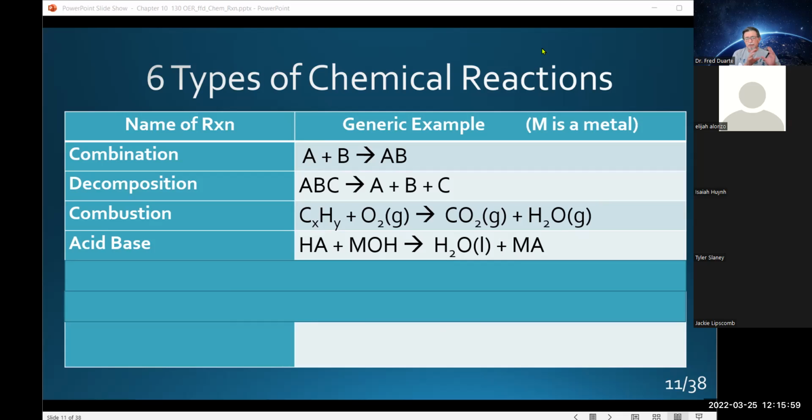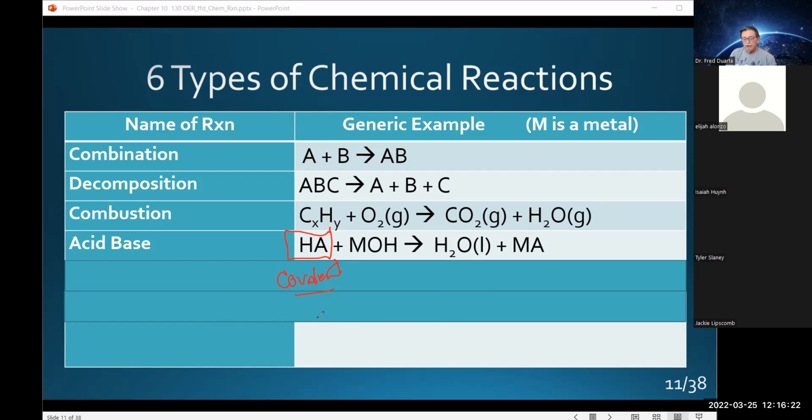But for us, we're going to stick mostly with the Arrhenius definition of an acid and a base. So if you recall, an acid is, first of all, a covalent compound. Okay, A is a nonmetal, H is a nonmetal.